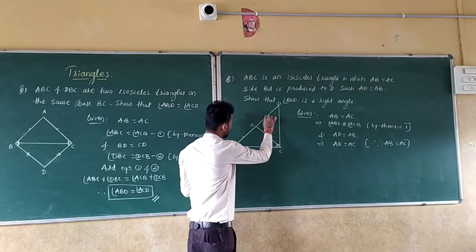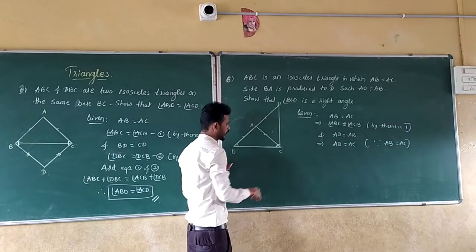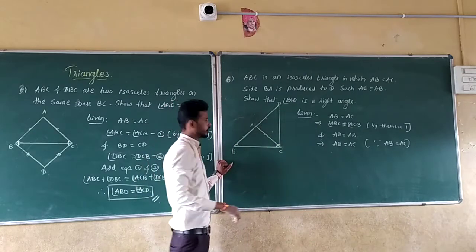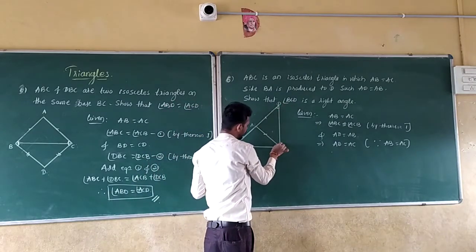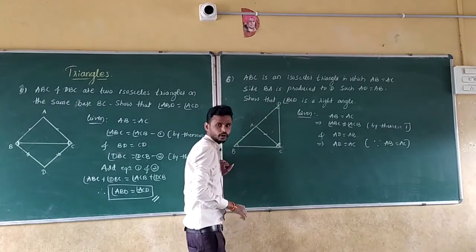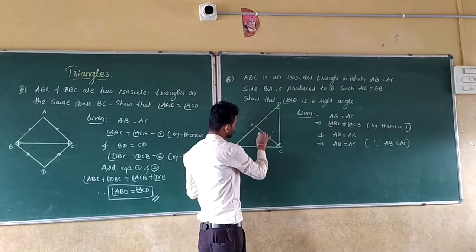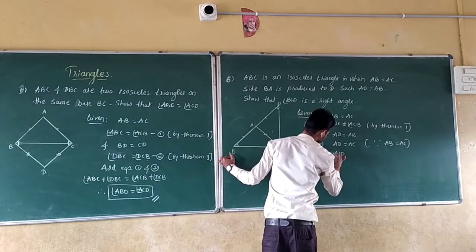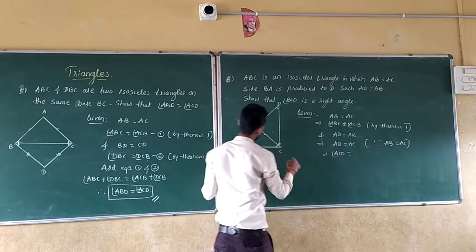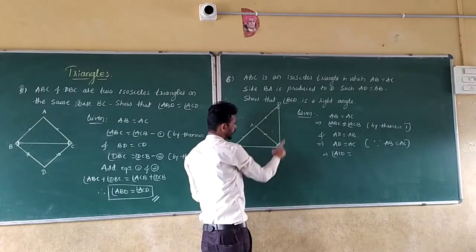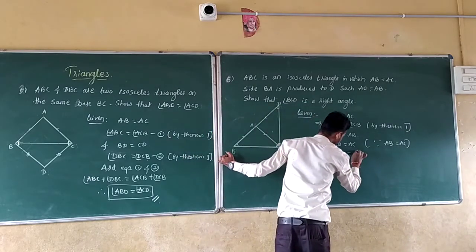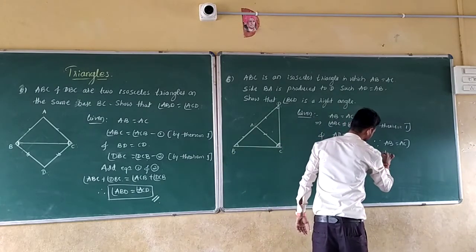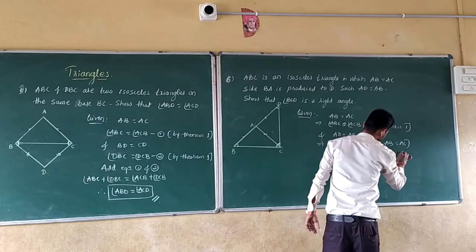Now these two sides will become equal, means triangle ACD is also an isosceles triangle. Then angles opposite to the equal sides are equal. So write those: angle ACD is equal to angle ADC. This is also by theorem 1.